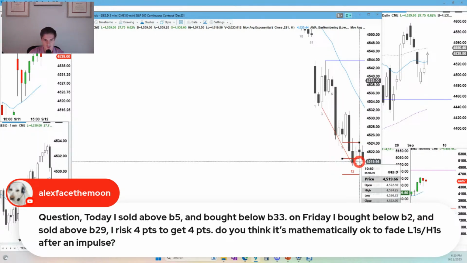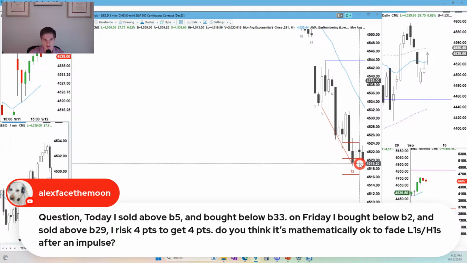It's possible the traders that bought the low of this bar at 20.25, the market went up to 23.5. So some traders were able to make 3 points. They bought the low, they scalped out for 3 points. But fading a low one or a high one is a get in, get out trade. You're taking that little bag of money, whatever it is, and that's it. So if I'm buying the low of the bar and I couldn't scalp out in time and it turns down, closing on its low, I'm out of the trade.